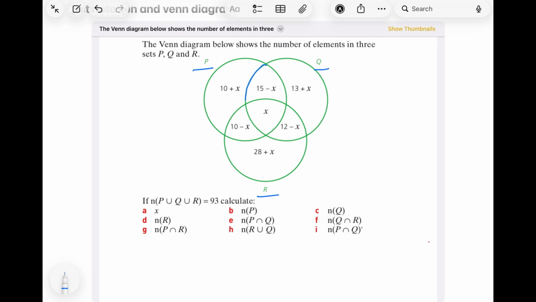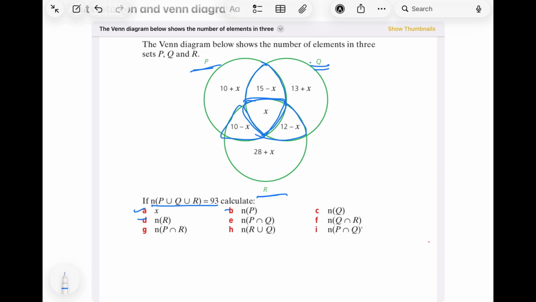That means this part is common for set P and Q. This part is common for set P and R. This part is common for set Q and R. And this part, which is X, is common for all the three sets, that is P, Q and R. And we've been given the total. That means the total of P, Q and R is 93. Now we have to find out the given questions below.